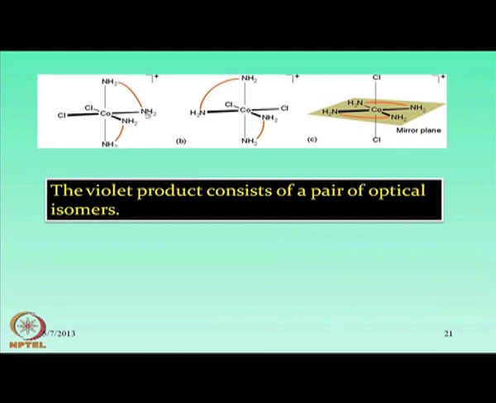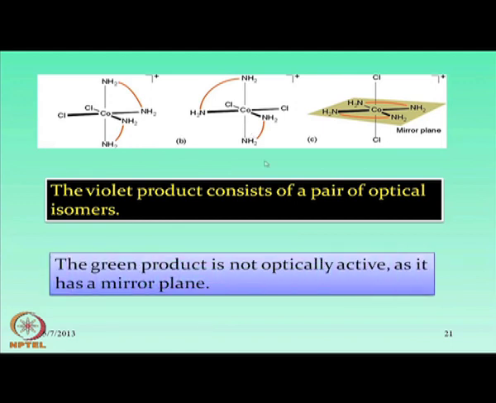So, whatever we find and identify, we can label this violet as the corresponding cis dichloro compound, and these two cis dichloro compounds are optically active, one is labeled as delta and the other can be labeled as lambda. And the green product is not optically active because it has a mirror plane. So, the green product, the trans product, is an optically inactive product which we get as one isomeric form.